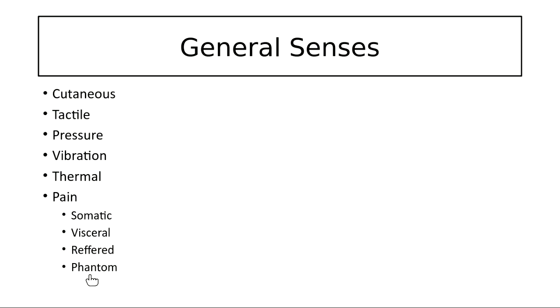Now, phantom pain. This is an interesting one. These are pain sensations from an area which is no longer a part of the body, like you just lost a leg, a hand, or an arm, due to trauma of sensory nerves which had previously serviced that part of the body.